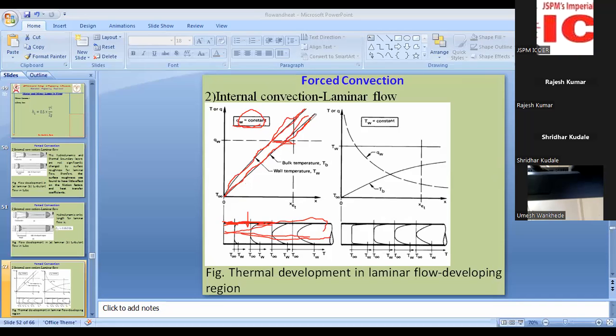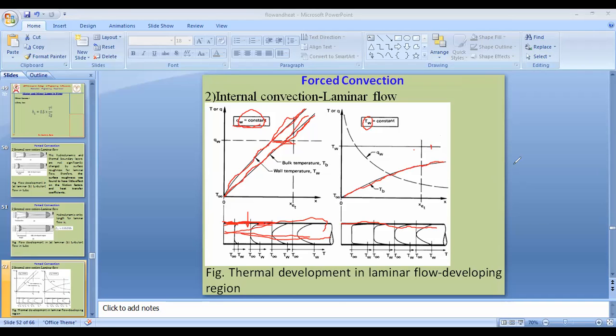Now we will see constant wall temperature. The wall temperature is constant and it is bigger than the fluid temperature, so fluid temperature will go on increasing. So this difference will go on reducing. This temperature difference will go on reducing.